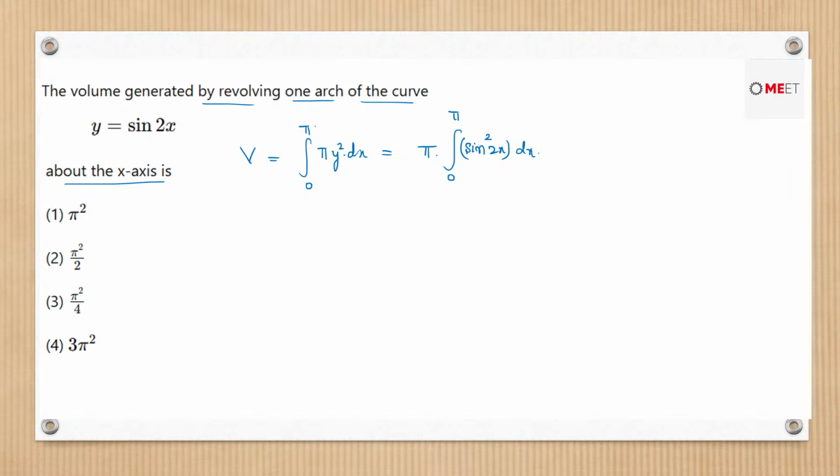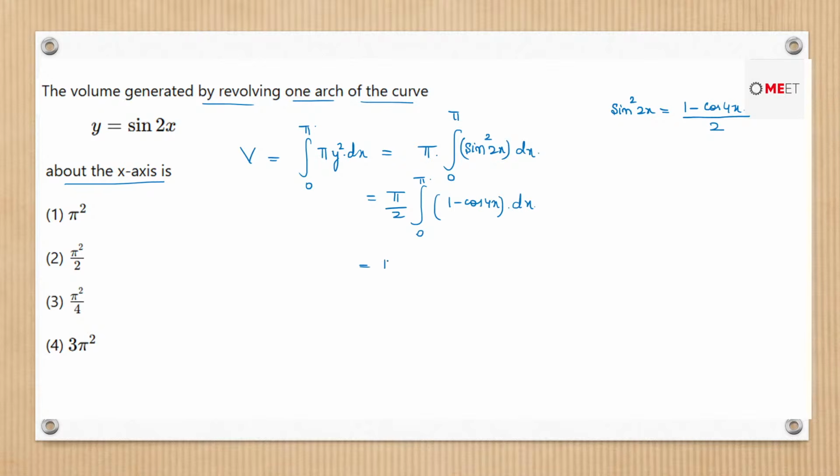So this has to be converted into submultiple angles. Sine square of 2x is nothing but 1 minus cosine of 4x divided by 2. So this could be written as pi by 2 into integral 0 to pi into 1 minus cosine of 4x dx.